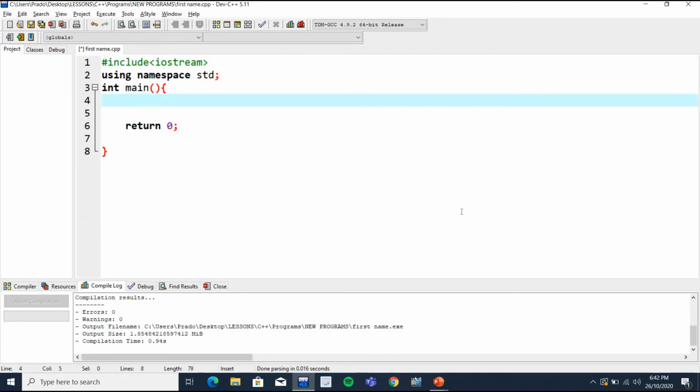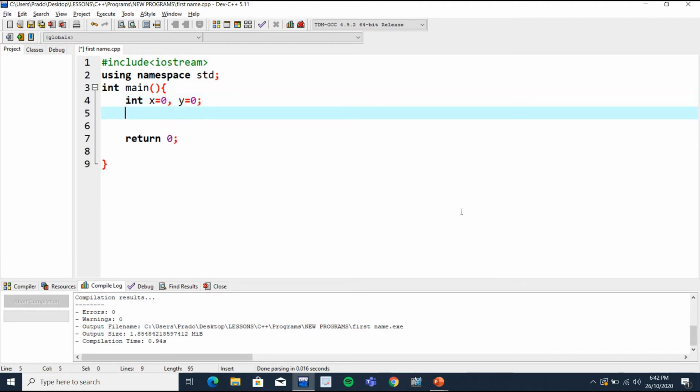So, for example, gagamitan natin siya ng integer kasi ang kailangan lang naman natin is whole number. So, for example, whole number x is equals to 0, and then y is equals to 0, semicolon, and then cout, kailangan natin kumuha ng dalawang number.